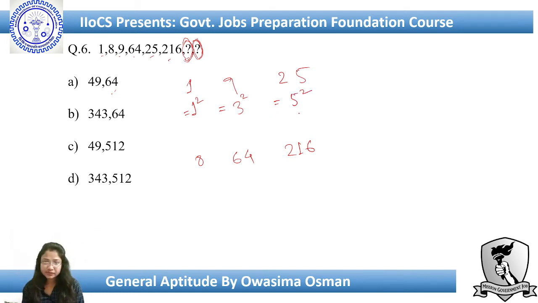So 1, 3, 5 are the consecutive odd numbers, and these are the square roots of every consecutive odd number. And 8 equals 2 cube, 64 equals 4 square, 216 equals 6 cube.